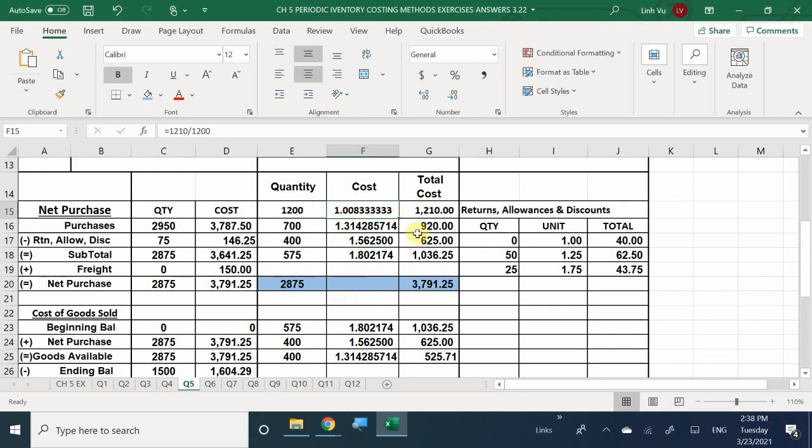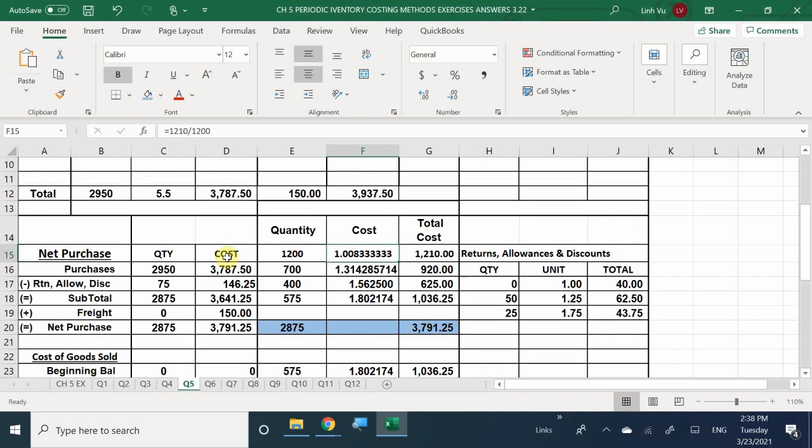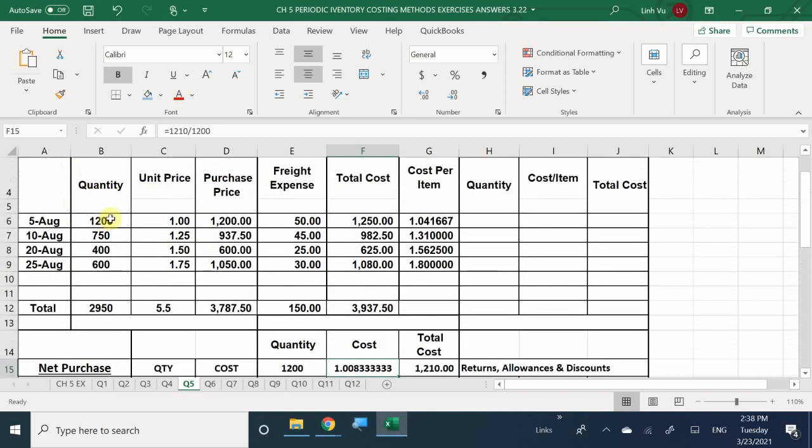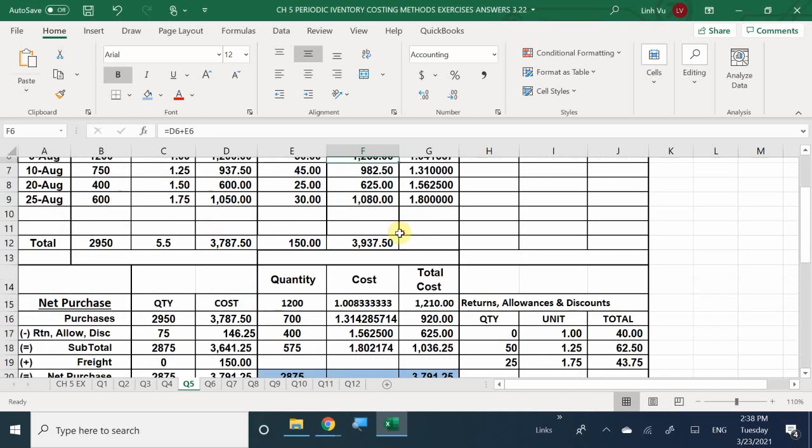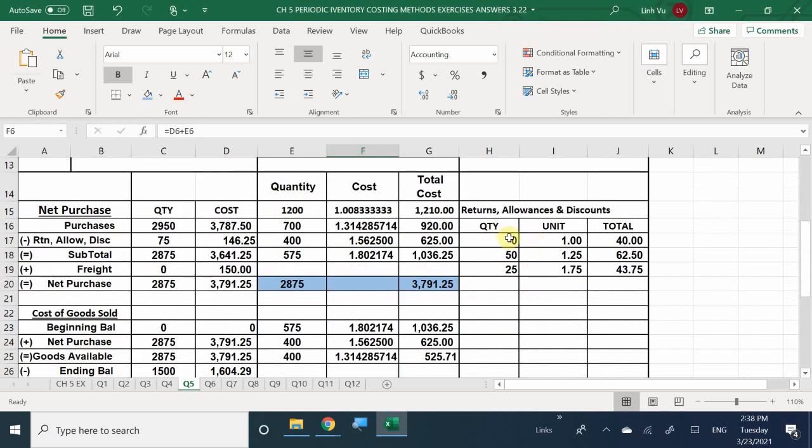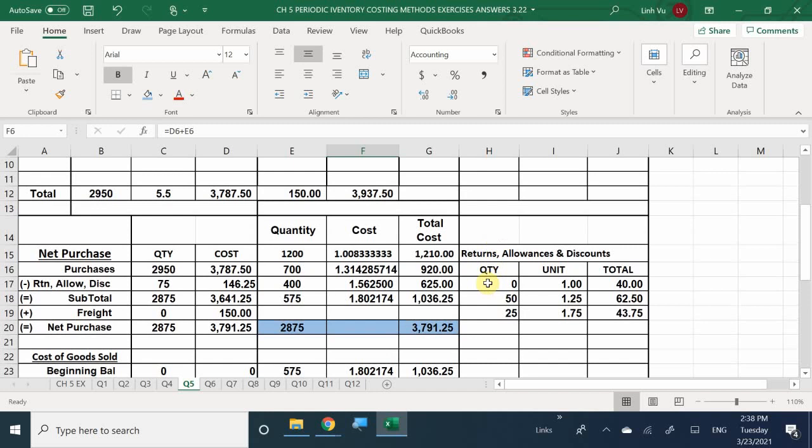Okay, so remember, our original purchase was the 1200, right? And we saw how much it cost us in total, including the freight. So we got a 1250, right? But then the next day, or 2 days later, we had a refund. In this case, we didn't return any items.